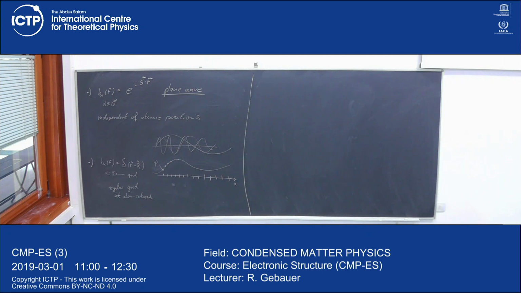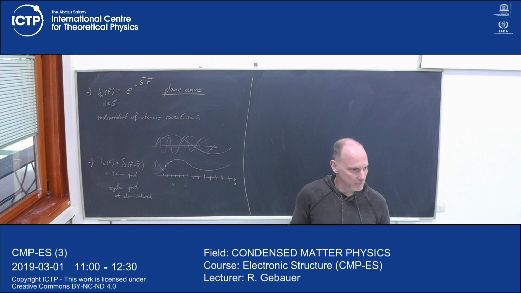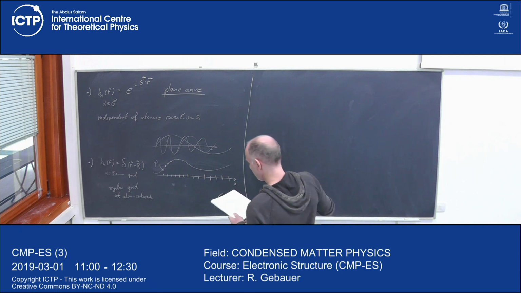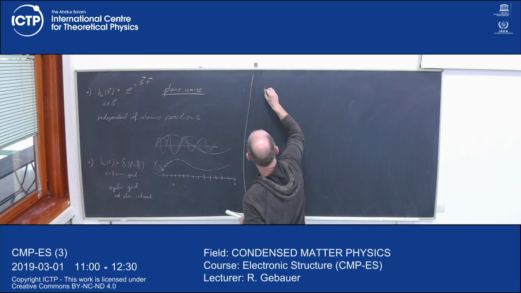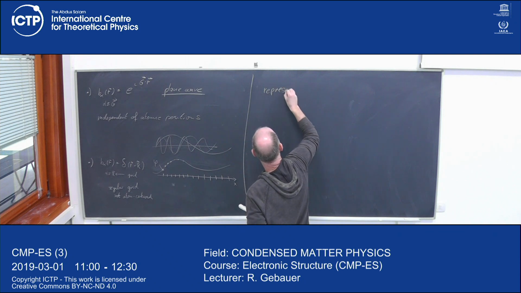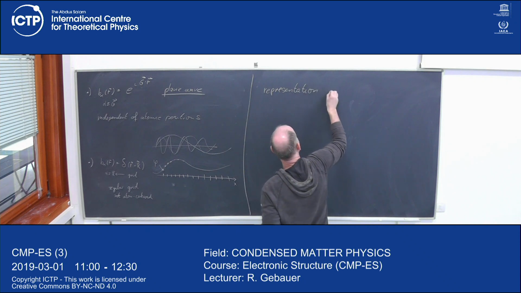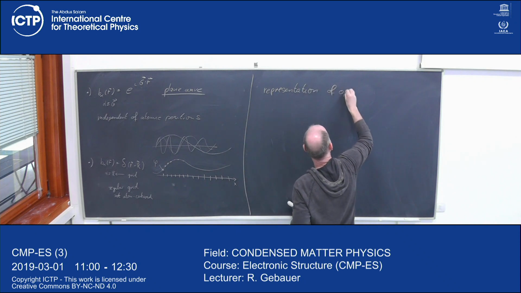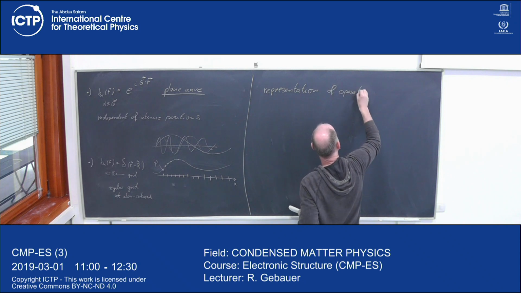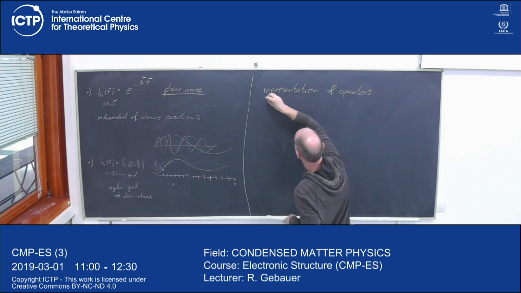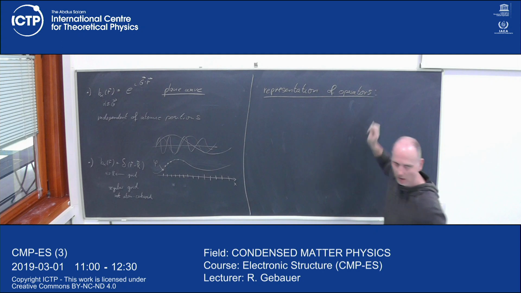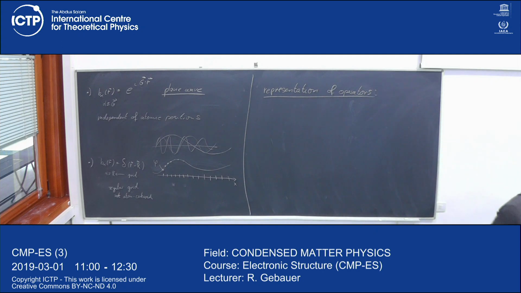So now imagine we have chosen some basis set which we want, and now we can also deal with operators. For example, the representation of operators now. Because we have a Hamiltonian, and the Hamiltonian has kinetic energy and so on.